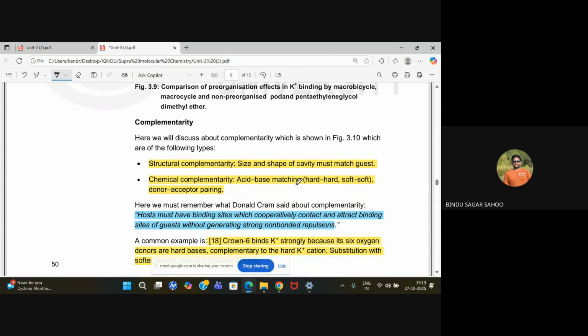That's why crown ether complexes can trap only hard metals, just like Na plus, K plus, Cs plus, in the case of oxygen donors. If you take nitrogen donors, they easily trap transition metals.